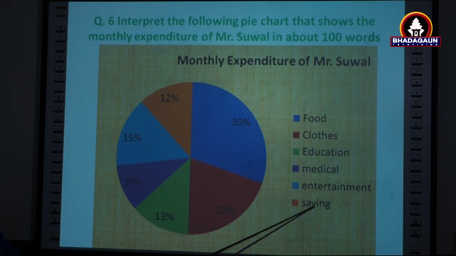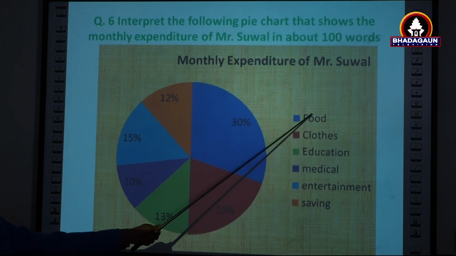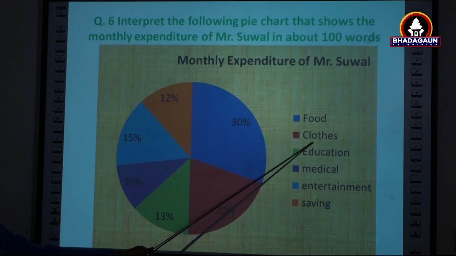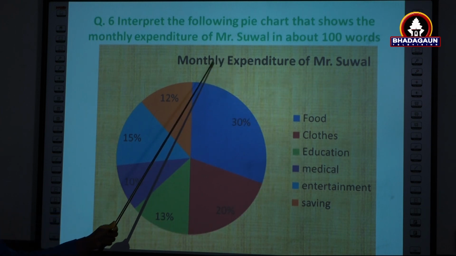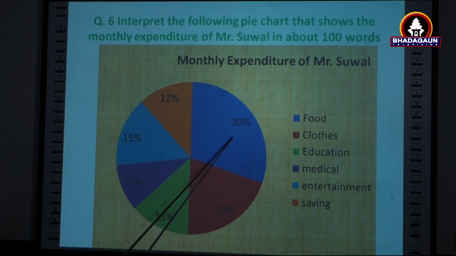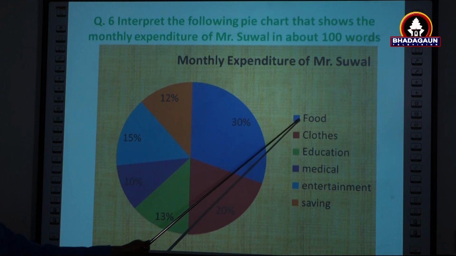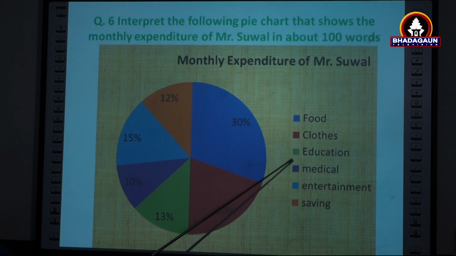Saving is not expenditure. So these 5 are the areas or topics, categories, in which Mr. Sual spends money. So 30% of monthly income on food, 20% clothes, 13% education, 10% medical, 15% entertainment, 12% he saves.